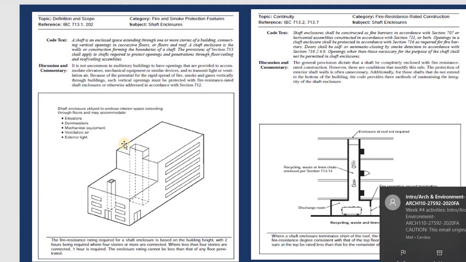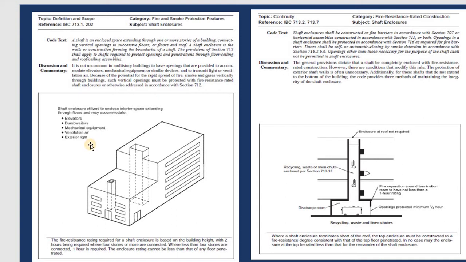For example, you have an elevator, a dumbwaiter, mechanical equipment, ventilation, air, or an exterior light. How can you do that? If you have a light and focus on fire and smoke protection, you have special material, called material for the exterior light, to make sure it qualifies against the weather outside, and inside for ventilation and the elevator or dumbwaiters.